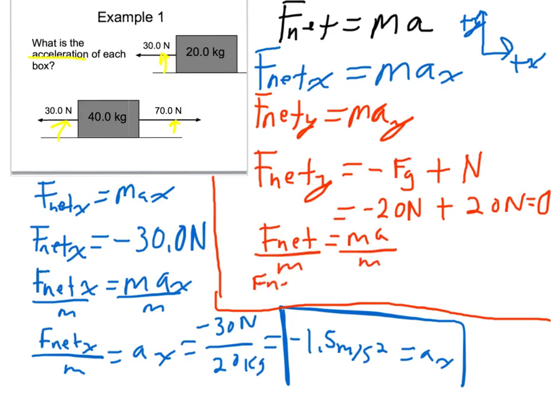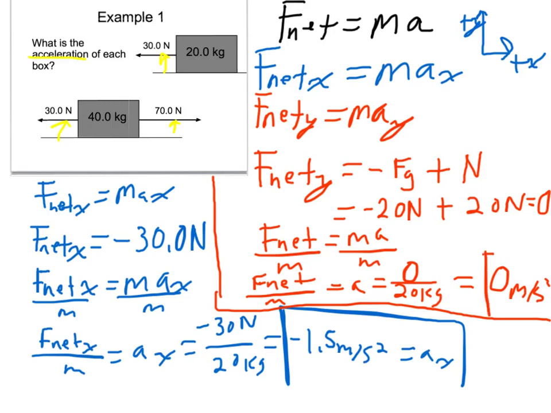F net over mass equals a. Okay, F net is 0. Mass is 20 kilograms. 0 divided by anything is 0, so acceleration is 0 meters per second squared. And that is my acceleration in y. So I only have an acceleration in x, and it's negative 1.5 meters per second squared. So we found the acceleration of that first box.